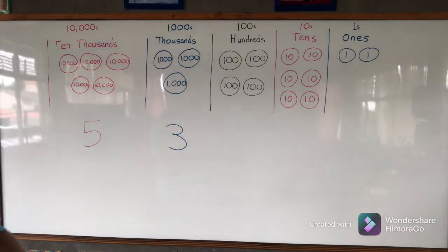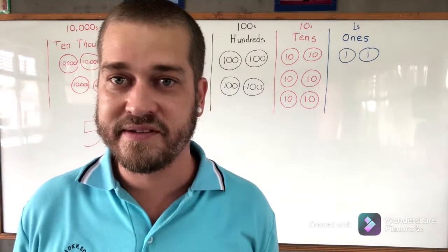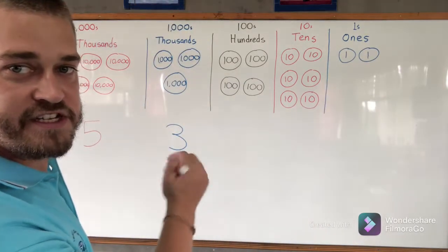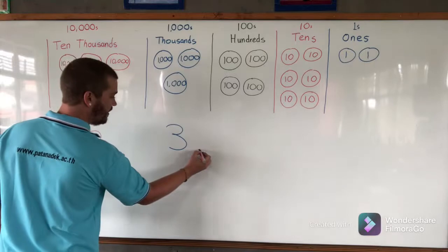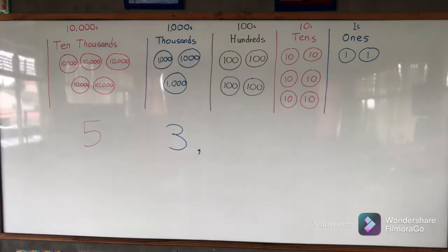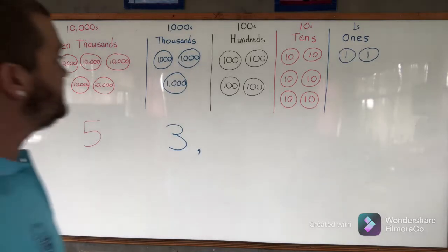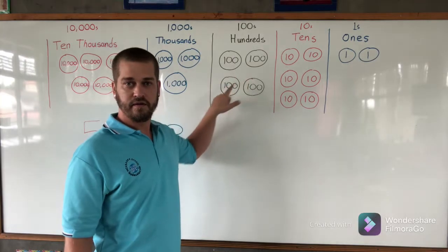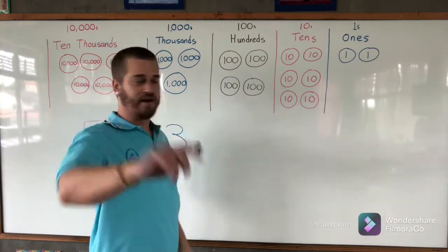Now, if you can remember where we put our commas, this is where you put your commas. You start from the right and go 3 digits and then put a comma. Okay? Now let's look at our hundreds. How many hundreds do we have? 4.